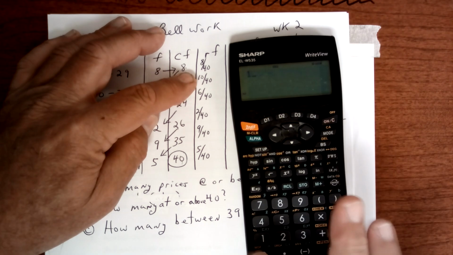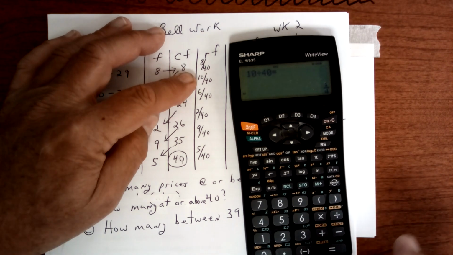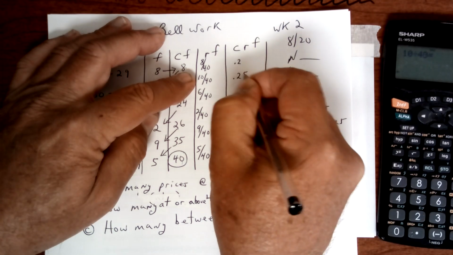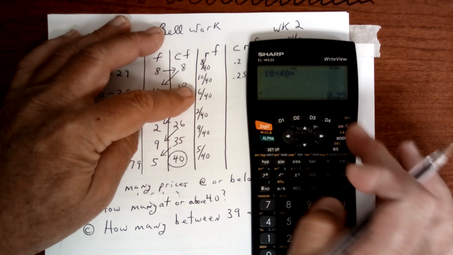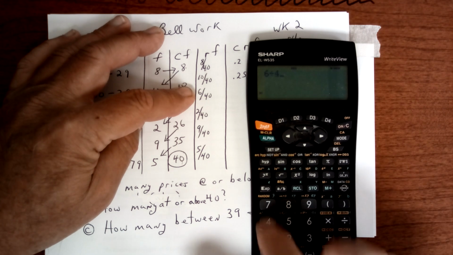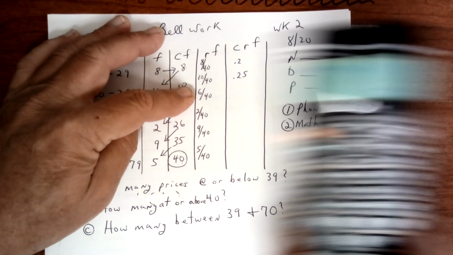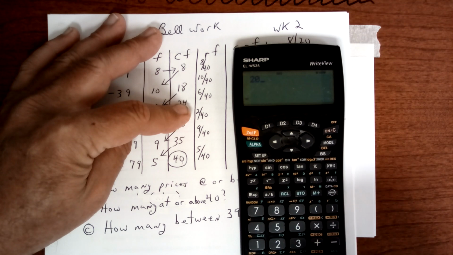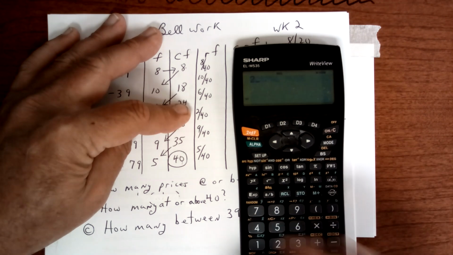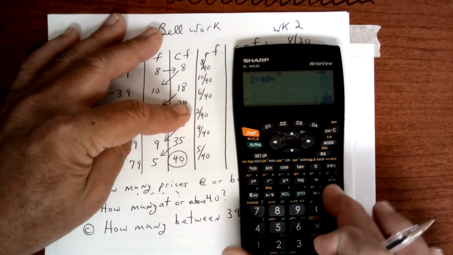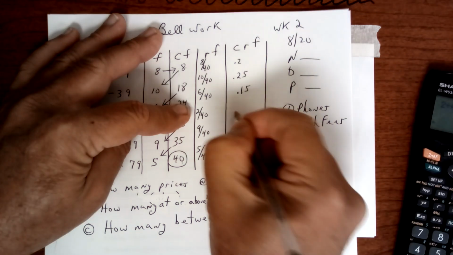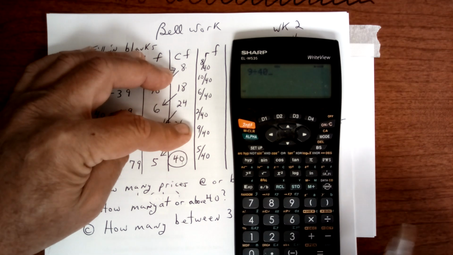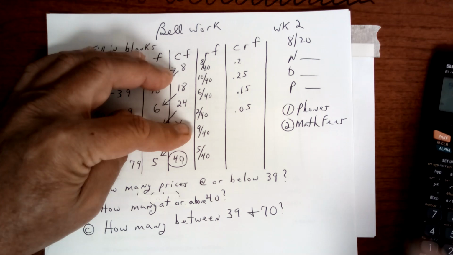10 divided by 40 is going to give you 0.25. 6 divided by 40 is going to give you 0.15. 2 divided by 40 is going to give you 0.05. 9 divided by 40 is going to give you 0.225.